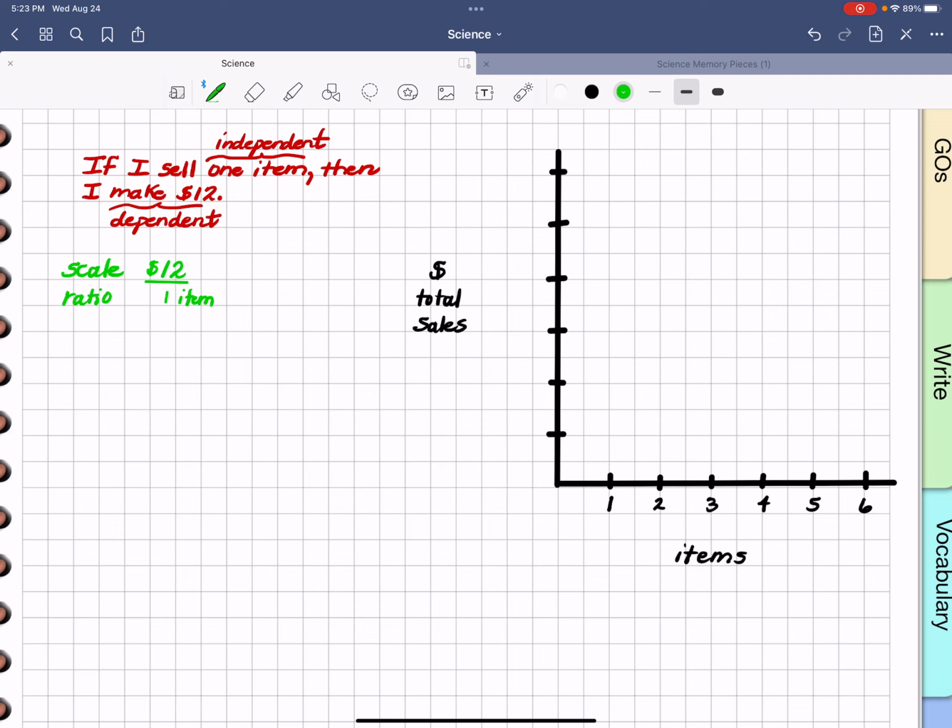If Brian, X is the time spent, because this could be reversed, but they want us to use time as the X value. So if Brian bikes 1 hour, comma, then he will travel 10 miles.